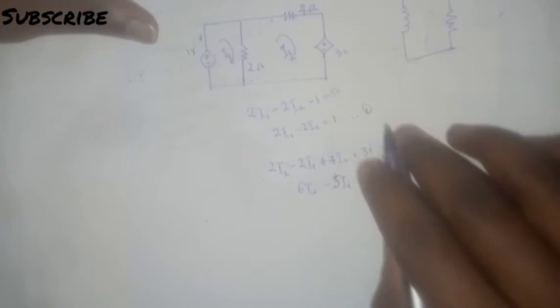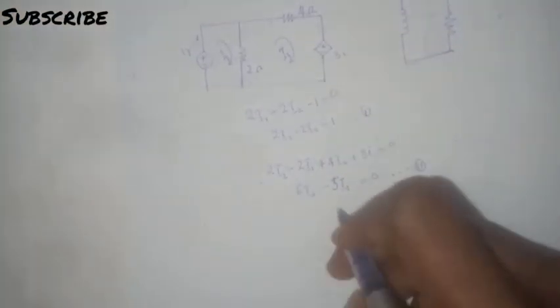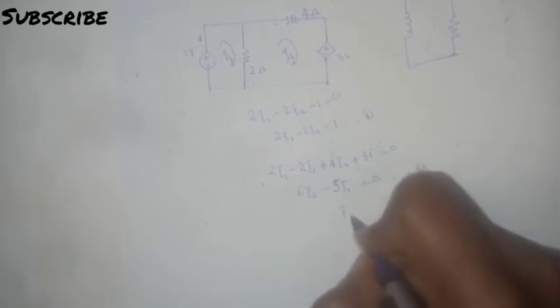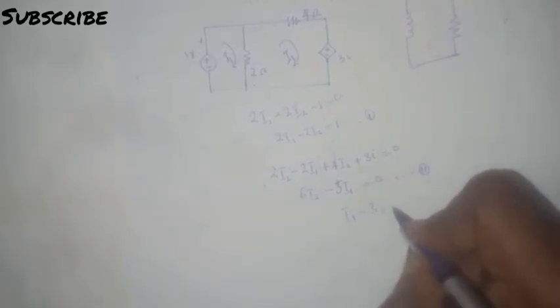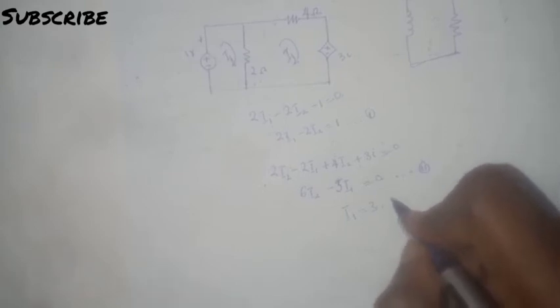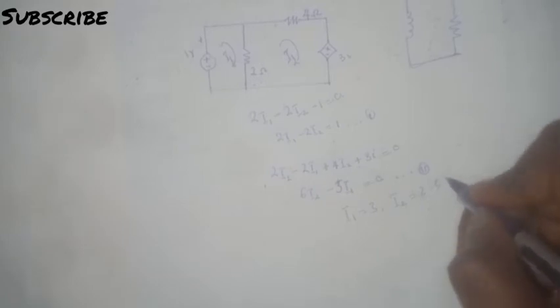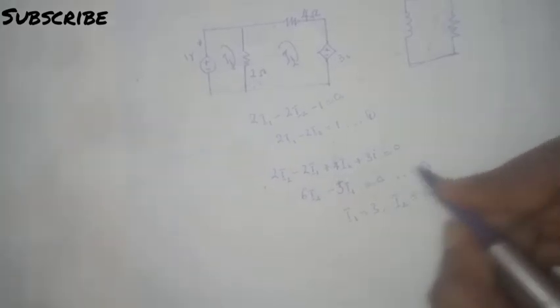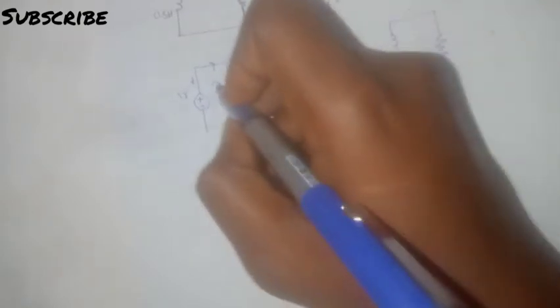We solve these two equations simultaneously. We arrive at the value for I1 to be 3, and we arrive at the value for I2 to be 2.5. Now, what we're actually interested in is the value of I1, which is the current that flows like this.